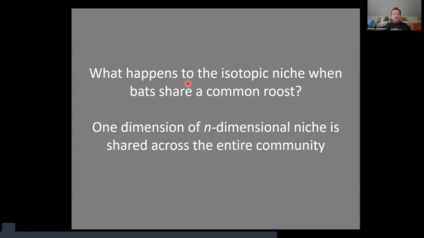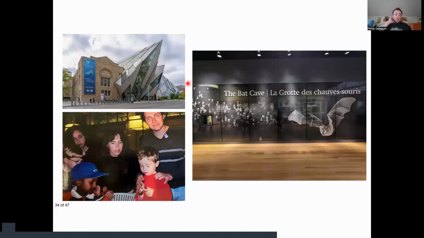If we have these really diverse communities like we have in the neotropics, and one dimension of this n-dimensional niche is shared across the entire community broadly, so we take that one away, how are bats partitioning resources? How do they coexist?